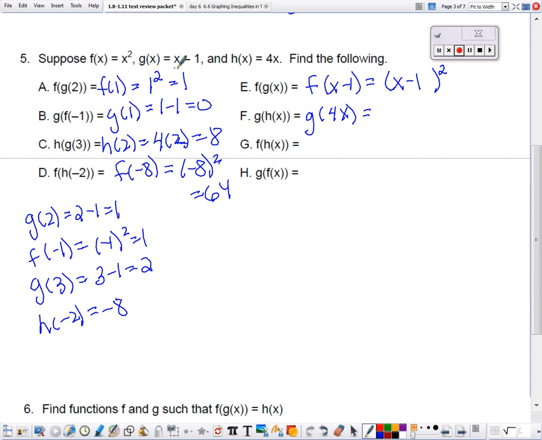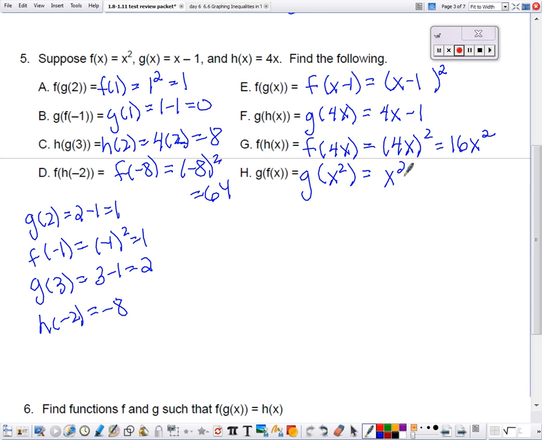So that instead of the x here, I'm going to replace it with 4x, and then I bring down that negative 1. So f, I take the 4x and I plug it into that x there. I could simplify this, and this is 16x squared. And then lastly, the x in the g function gets replaced with x squared, and that's all I can do.